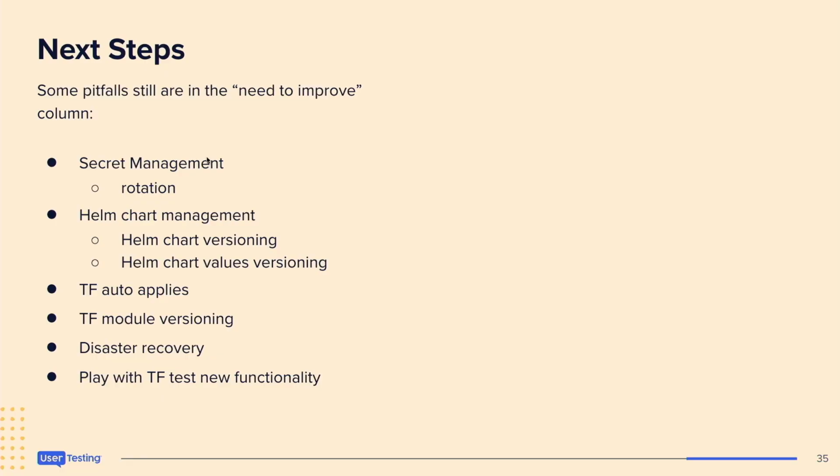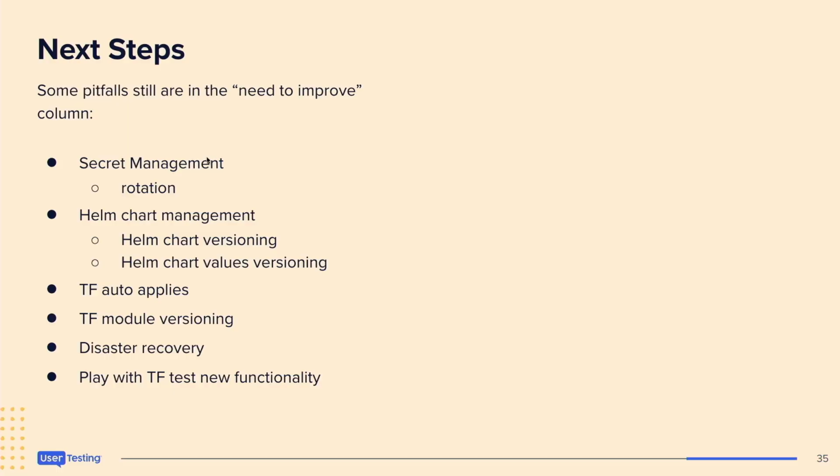You probably noticed that we didn't talk about it, because for now we have it, of course, but we don't have versioning on there, because Helm chart versioning is easy, but Helm chart values versioning is not. And since we still didn't figure out exactly how to do that, we are still trying to come up with ideas there. If you have some, please let us know afterwards.